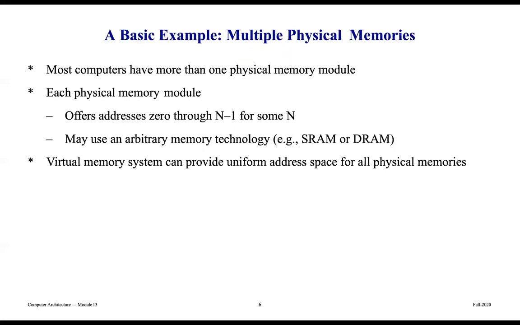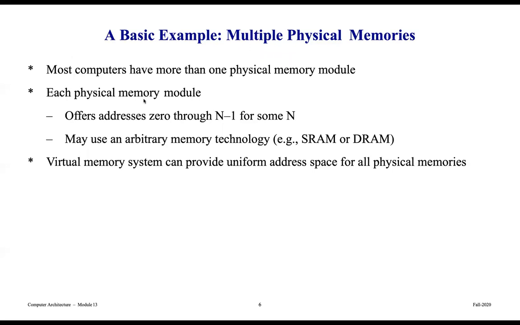So let's take a basic example. Multiple physical memories. Most computers have more than one physical memory module. You may have upgraded a computer before, and you put in physical memory, and sometimes there are several slots to put in those memory modules, and those are examples of physical memory modules. But what the computer sees is one contiguous set.